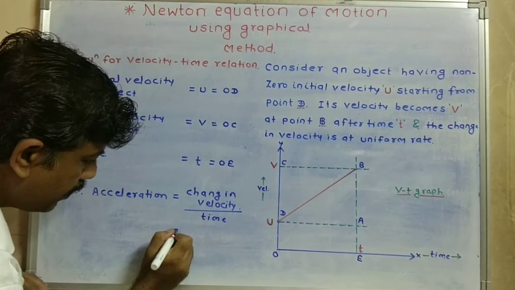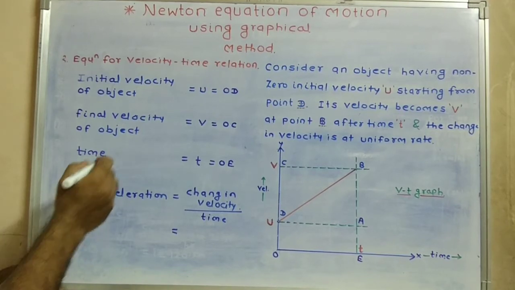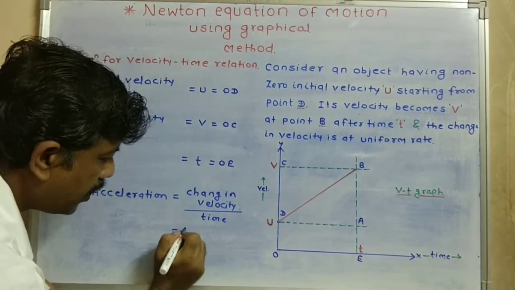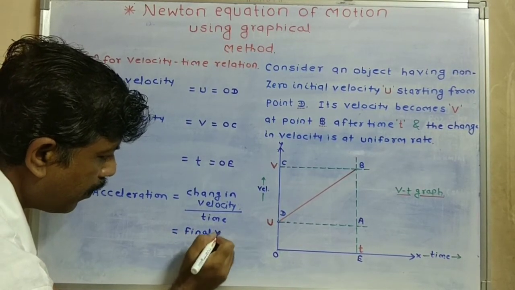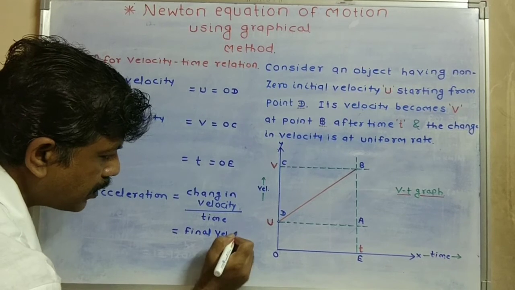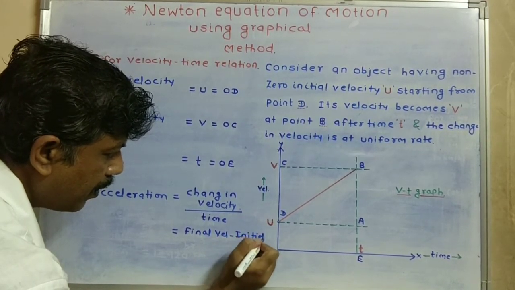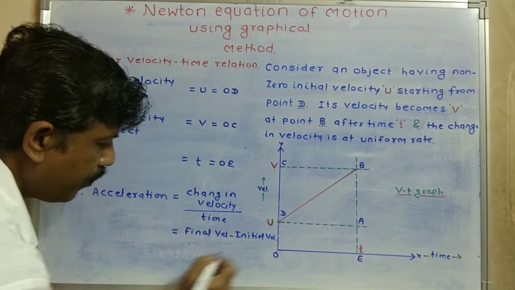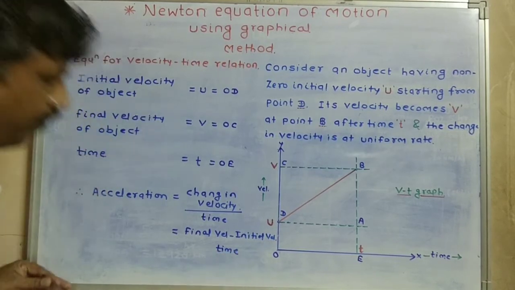What is the meaning of change in velocity? Change in velocity means final velocity minus initial velocity, divided by time.